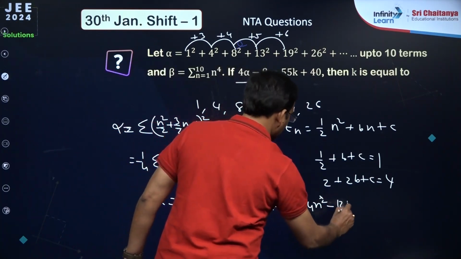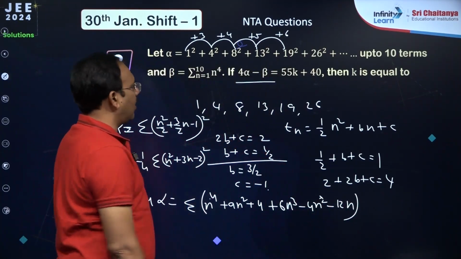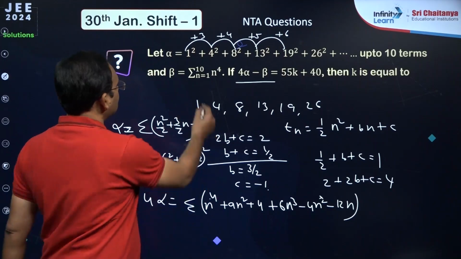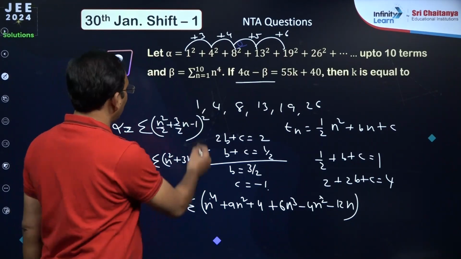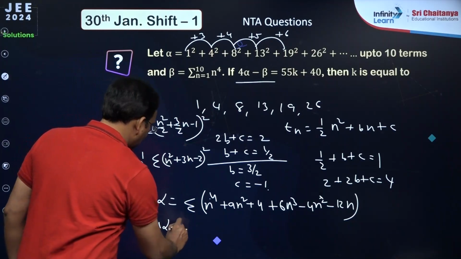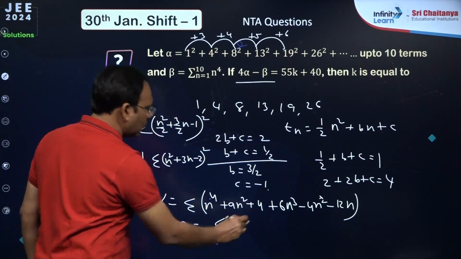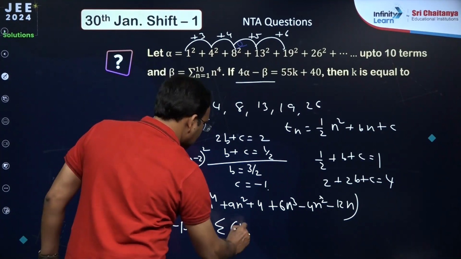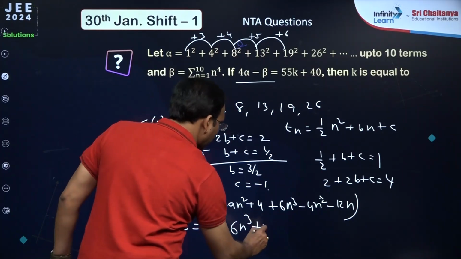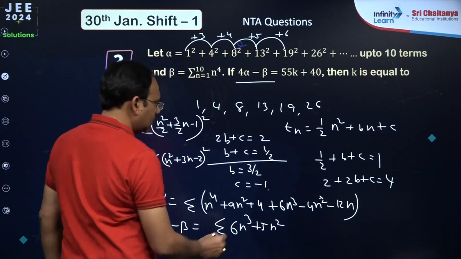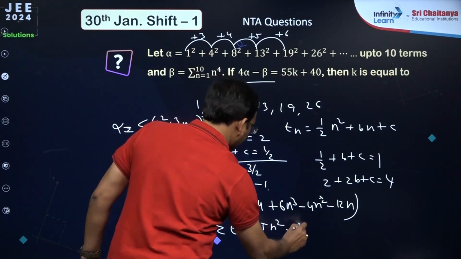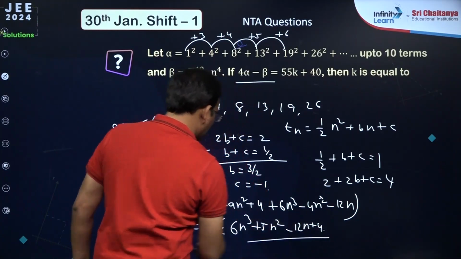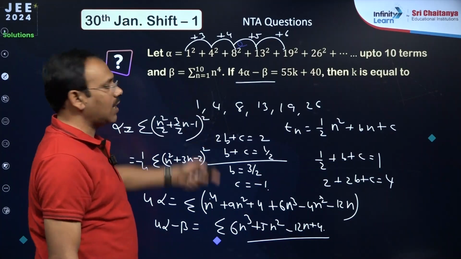This is going to be the 4 alpha. Even beta is nothing but sigma n power 4. So you can consider 4 alpha minus beta is going to be sigma 6n cube plus 5n square. You can write like minus 12n plus 4, where n is equal to 1 to 10 you have to apply.